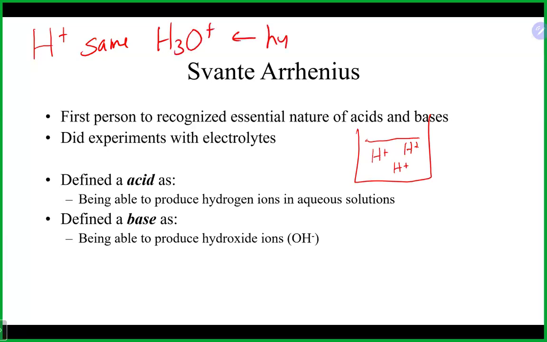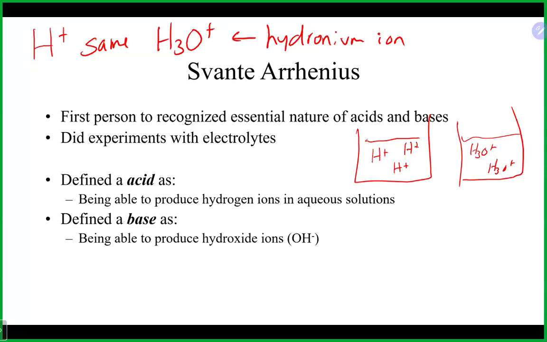This is what is known as the hydronium ion. They are, for all intents and purposes, the same thing. So anywhere you see H3O plus, you could substitute it with H plus and vice versa. Sometimes this would be represented as a bunch of H3O pluses floating around in the solution. And again, they're basically the same thing.